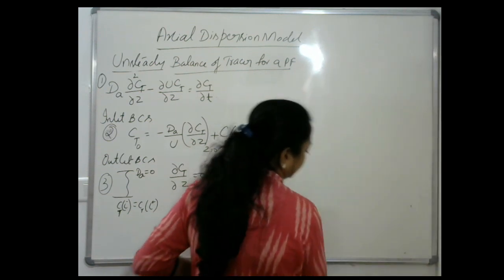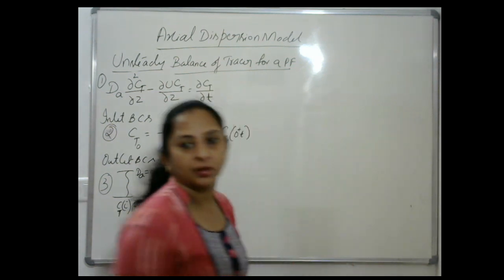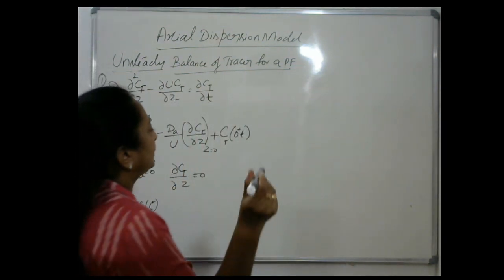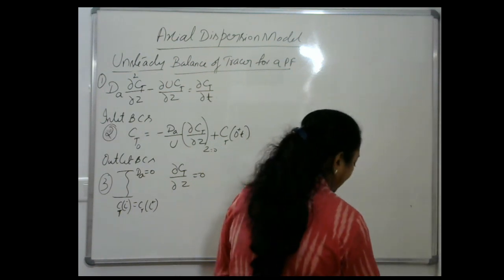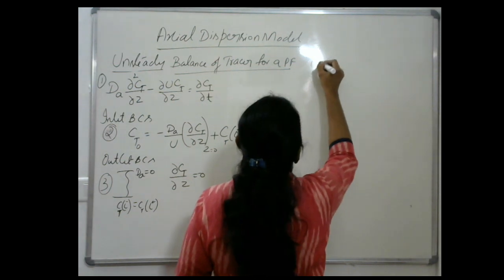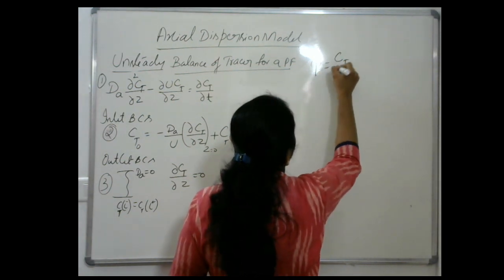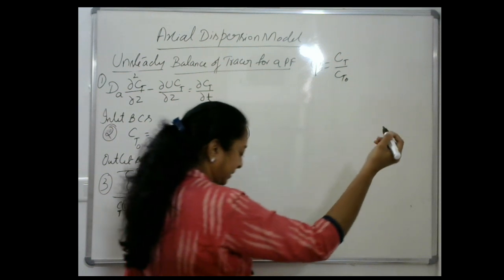Okay, so the dimensionless form for concentration: I'll be using psi, which is equal to C(t) by C(t) naught. Am I correct? Yeah.